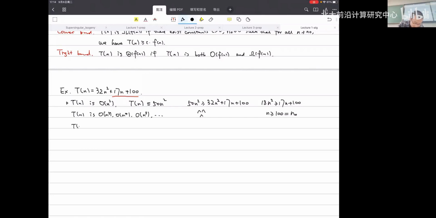But on the other hand, you can see T(n) is also omega of n squared. I guess it is easy to see that 32n squared plus 70n plus 100 is of course going to be larger than n squared.